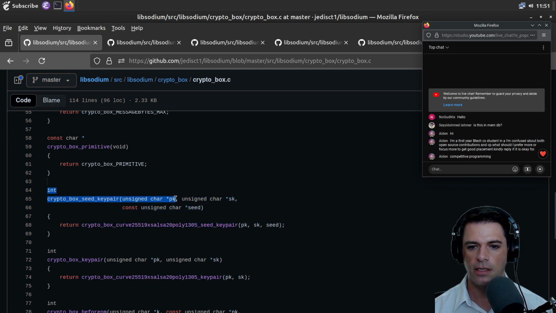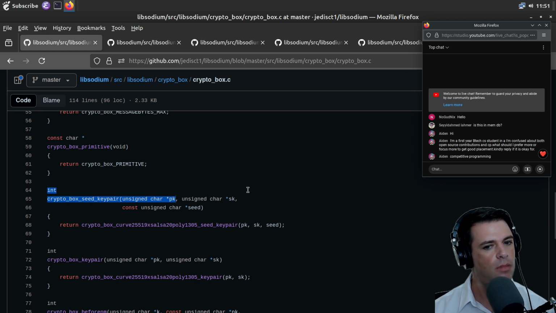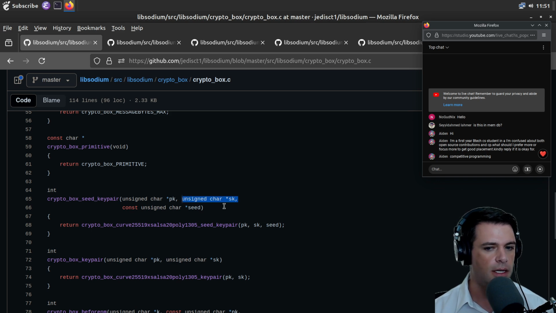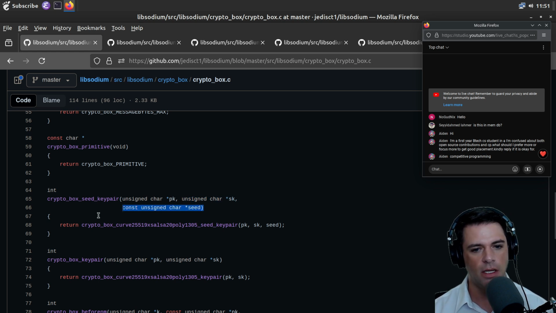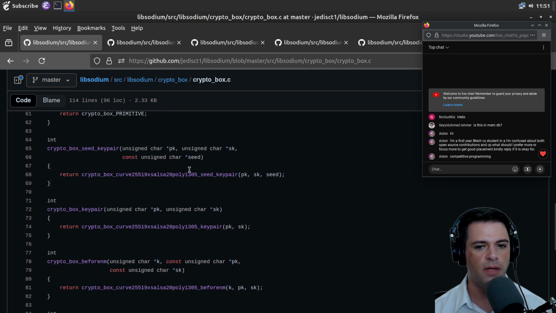You pass in a PK, maybe private key, an SK, I don't know, maybe signing key, and a seed. And we're going to return a CryptoBox curve25519 xsalsa20 poly1305 seed key pair.